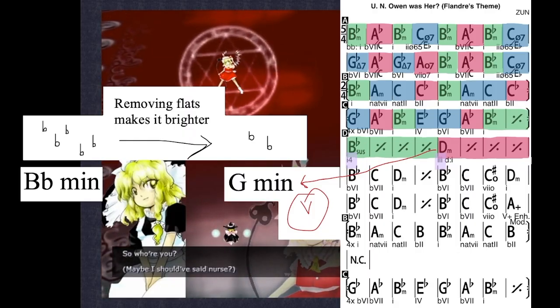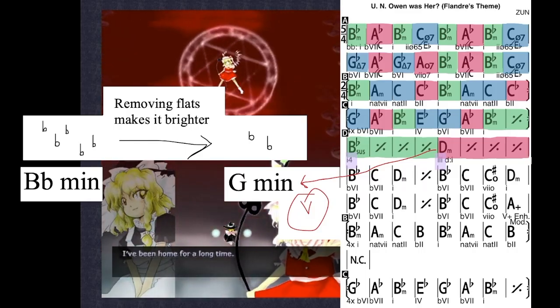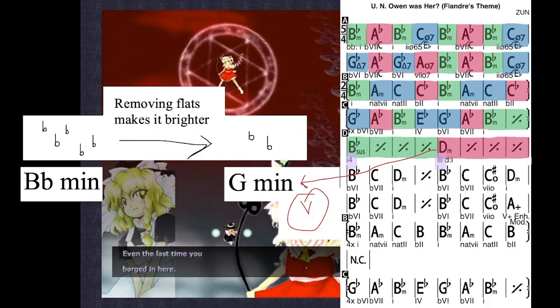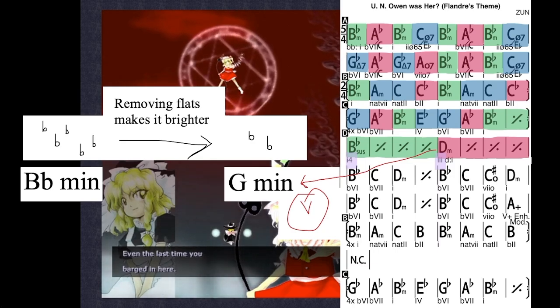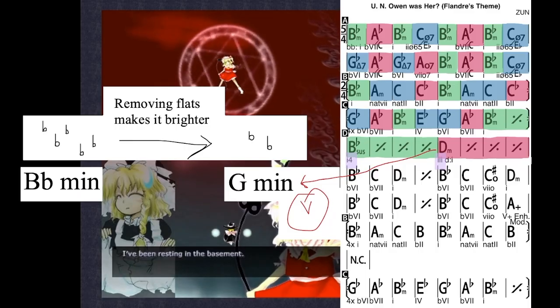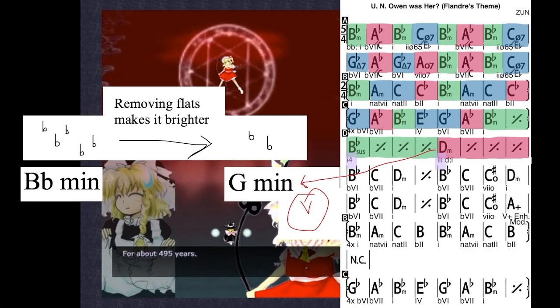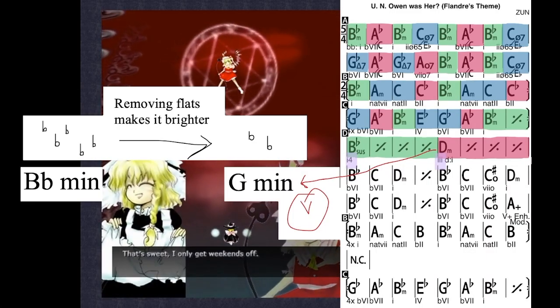Dark modes have a certain comfort to them that bright modes don't. And bright scales, I guess, in this case. So we're actually employing this bright minor 5 chord in G minor, which is what gives this transition its characteristic sound.